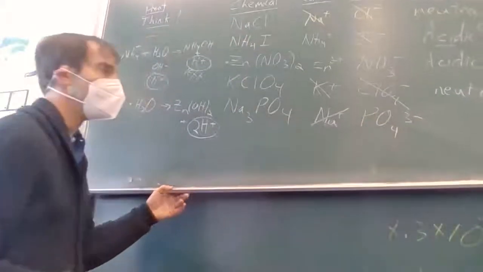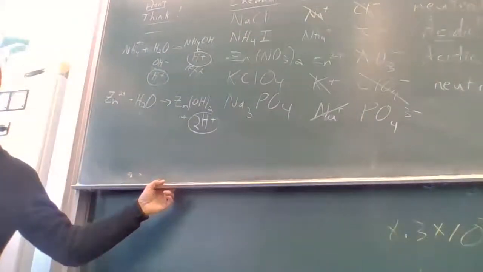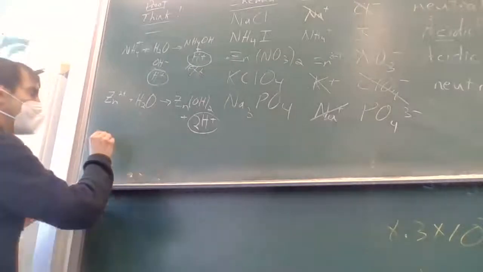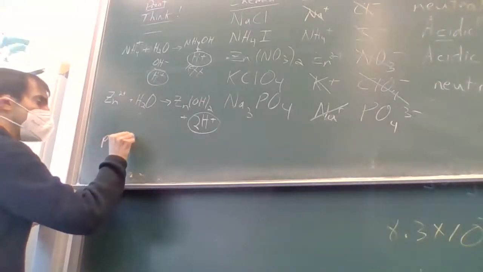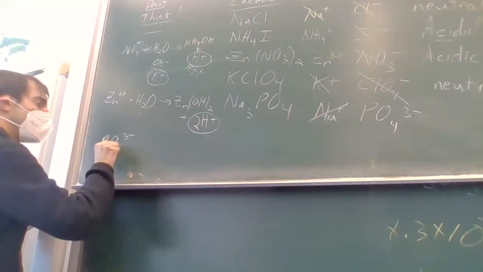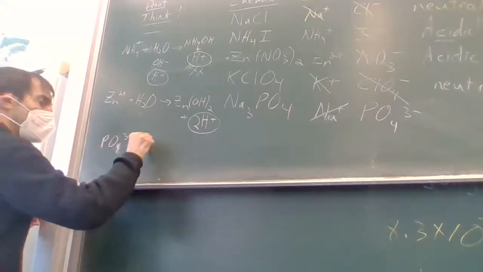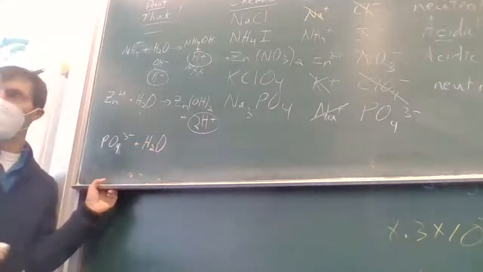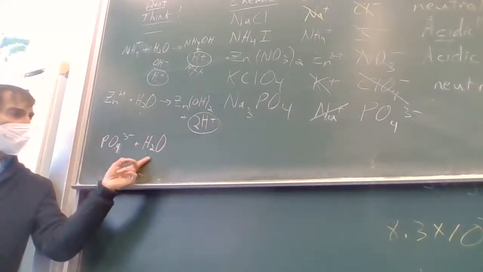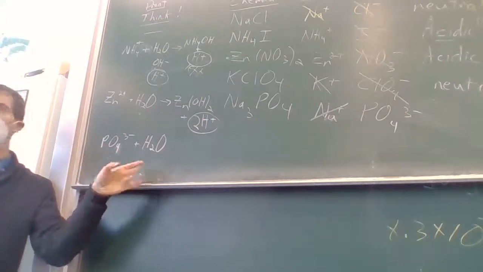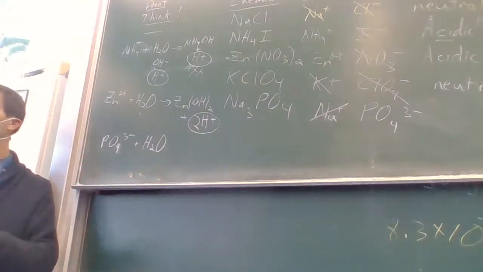Good. Okay, so I can only throw out one. Now it's time to think. So I'll write it over here. PO4 3 minus plus water. Okay, now how about Penelope? So Penelope, what's this going to grab out of the water, the PO4 3 minus? Well, that's also negative. I've got the H plus, won't it?